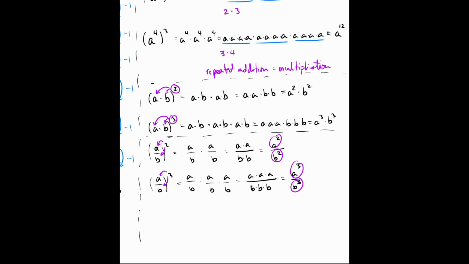And this would be called the quotient property, where essentially any quotient raised to a power means that the whole numerator gets raised to that power, and the whole denominator gets raised to that power as well. And again, that's called the quotient property of exponents.